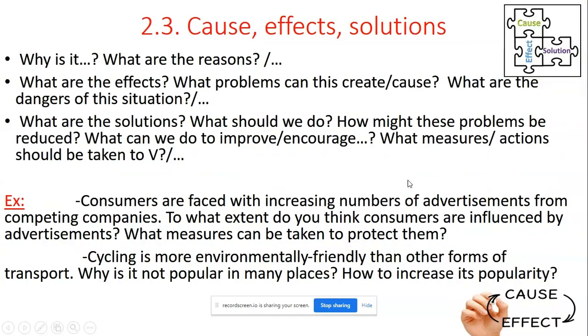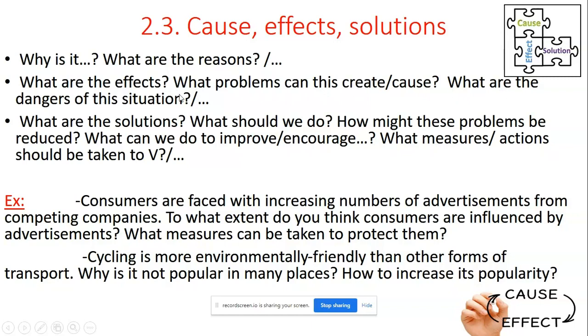The third one is causes, effects and solutions. This seems a little complicated, but as for me, it's really easy to write because the idea is really clear. What are the reasons? That is about the causes. What are the effects? What problems can this create?